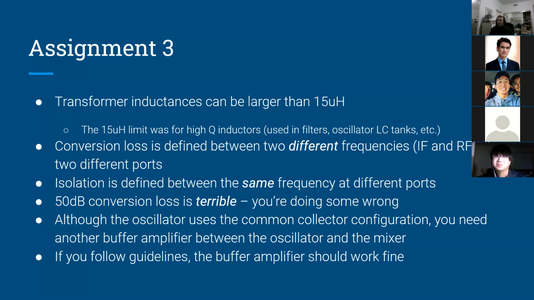So like LO isolation, in the case of our up converter, was defined between the levels of 28 megahertz at the LO port versus the RF port. So they're a little different. Also, if you're getting 50 dB conversion loss, you got a problem with your mixer or the way you're measuring the conversion loss, because 50 dB is pretty terrible. You should be getting roughly somewhere in the neighborhood of 15 to 10 dB of conversion loss.